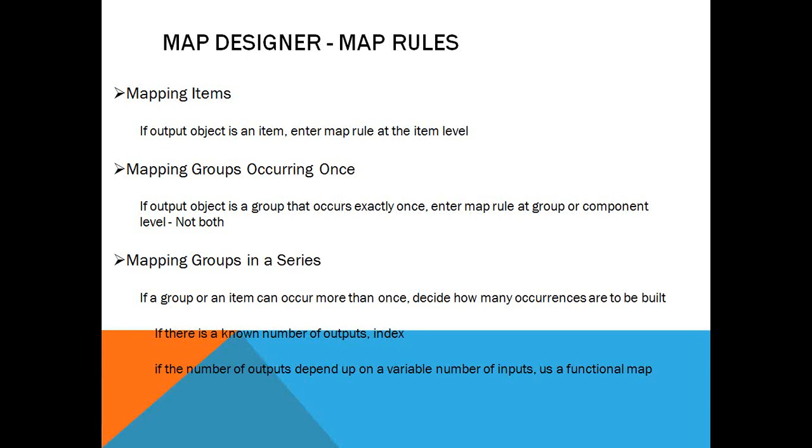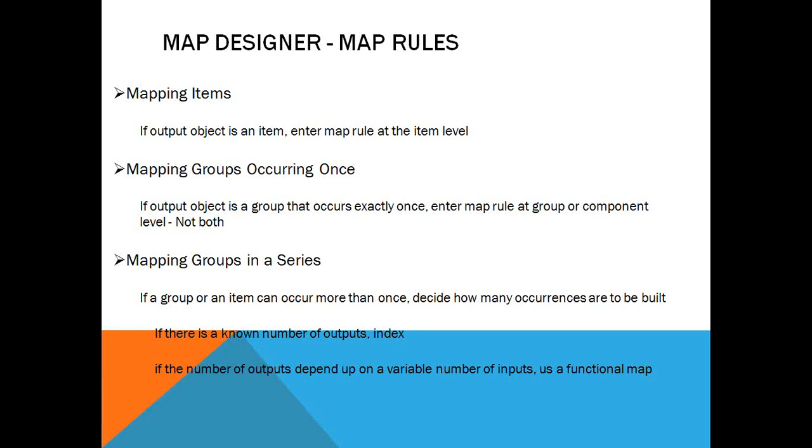Okay. Then mapping groups in a series. Suppose your group or item can occur more than once, decide how many occurrences are to be built. If there is a known number, you can add the index and create. Suppose you don't know how many times that occurrence will come, in that case you have to write the functional map.